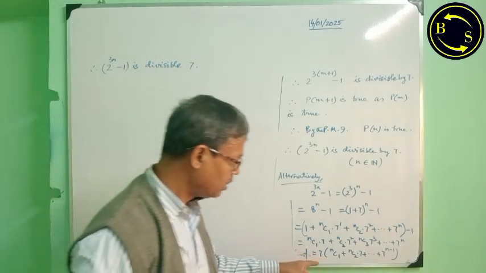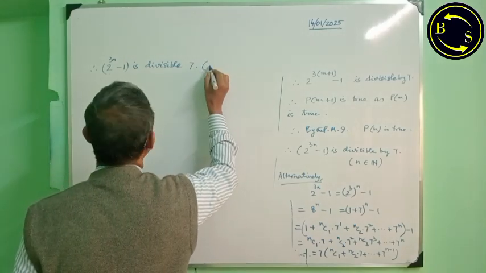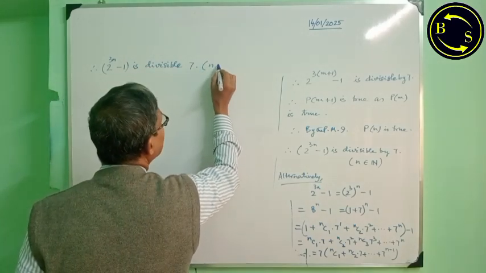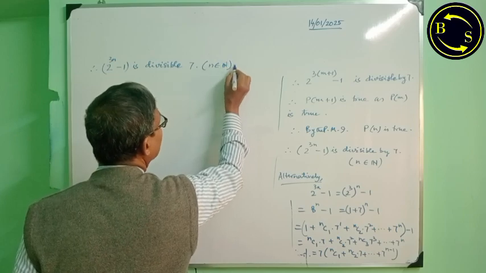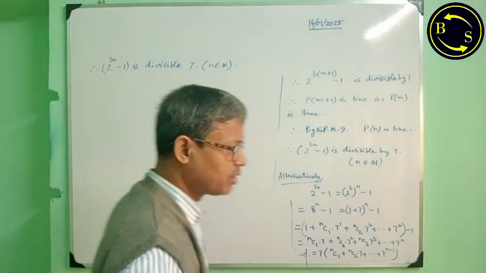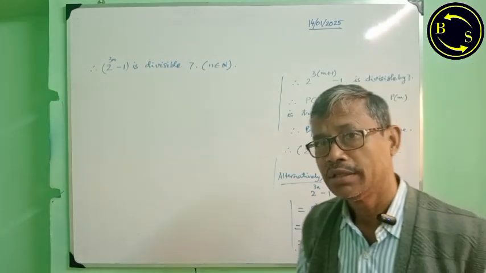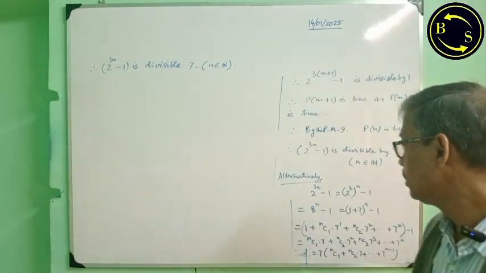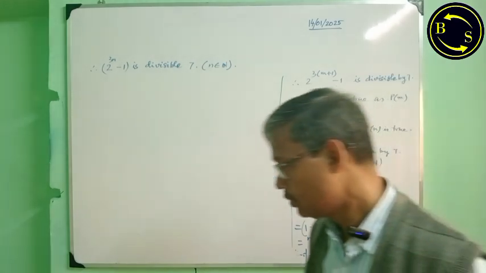From this step it is clear that 7 is the factor, and you mention at the end step n is a natural number. Thus the sum is solved with the help of mathematical induction as well as using binomial theorem. Next I move to third sum.